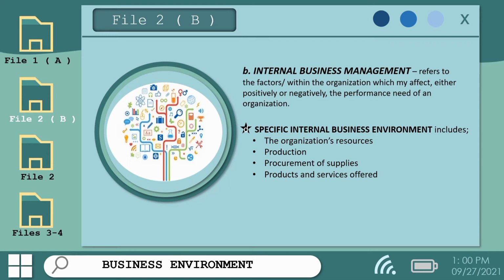On the other hand, if a factor prevents the development of the company, it is a weakness within the company. Numerous criteria need to be taken into consideration. So, specific internal business environment includes the organization's resources, production, procurement of supplies, and products and services offered.